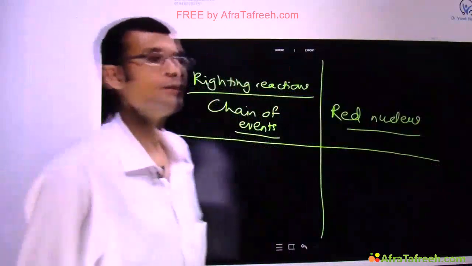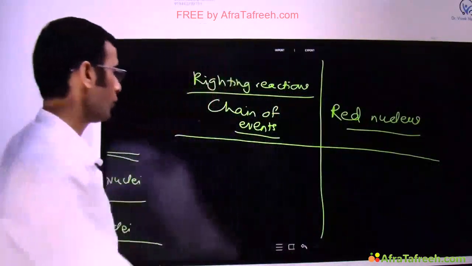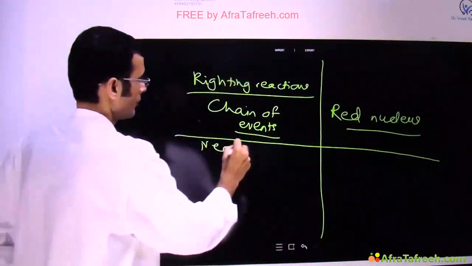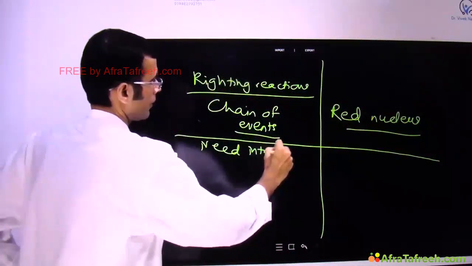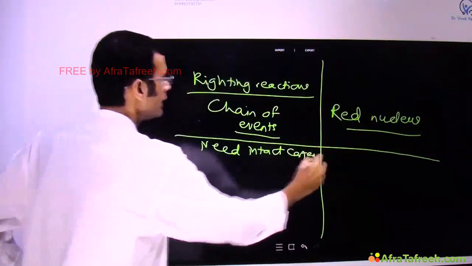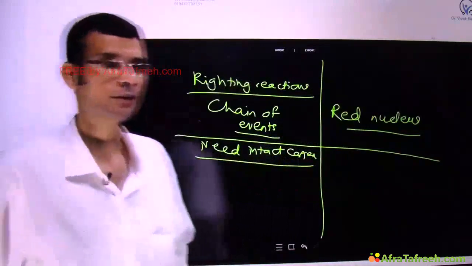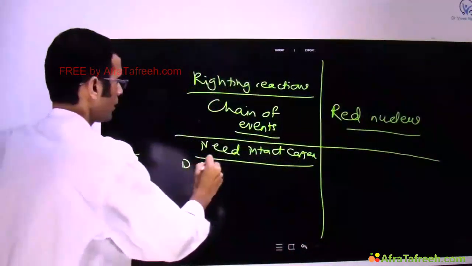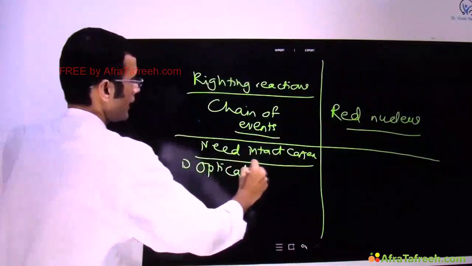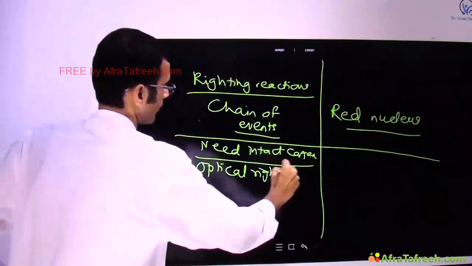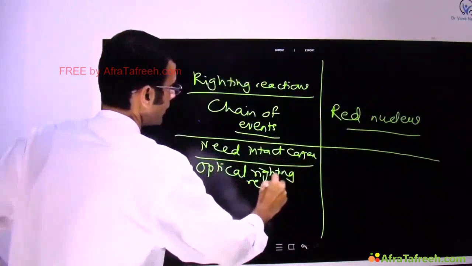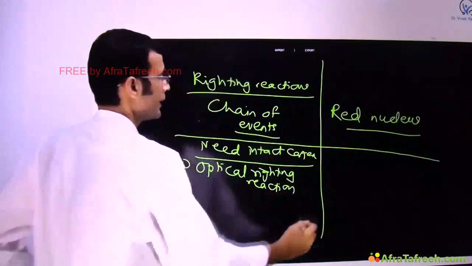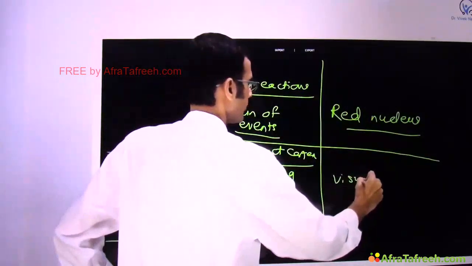And finally, there are certain reactions which need an intact cortex. They are not seen in any of the experimental preparations. They need intact cortex. So what are those? Optical righting reaction. It needs a visual cortex.